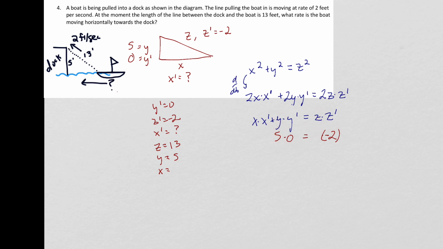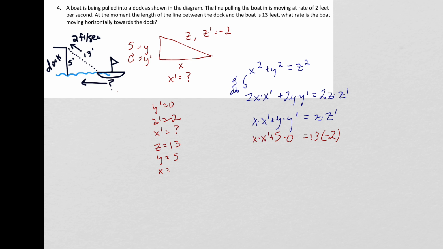We know z is 13, so we're going to write 13 times here. And then I do not know either of those, x or x prime, so I'm just going to write them out as they are for now. So I've got just x times x prime, and then plus.